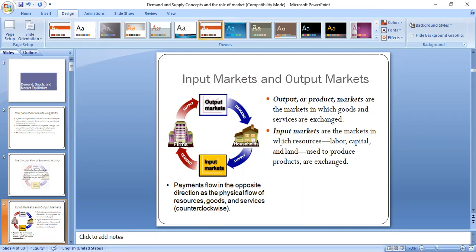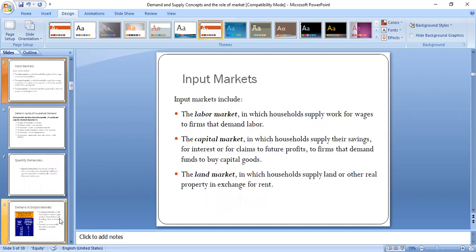In the input market, we are looking at the factors of production like labor, land, capital, right? And entrepreneurship. And for the output market, we are looking at the goods and services that are exchanged. Of course, there is payment in return for those goods and services that are sold.